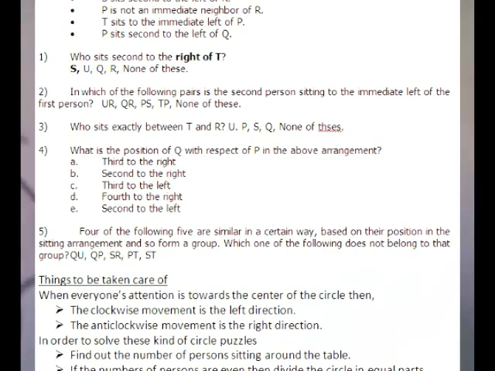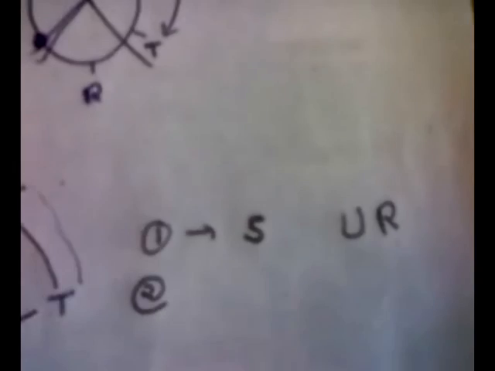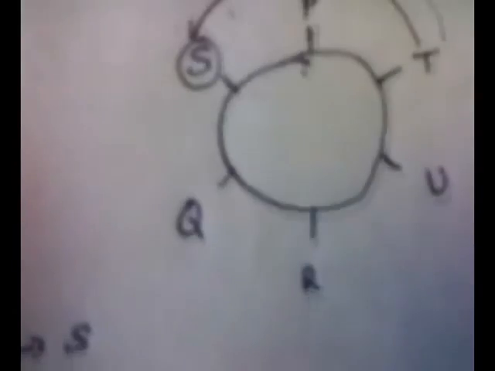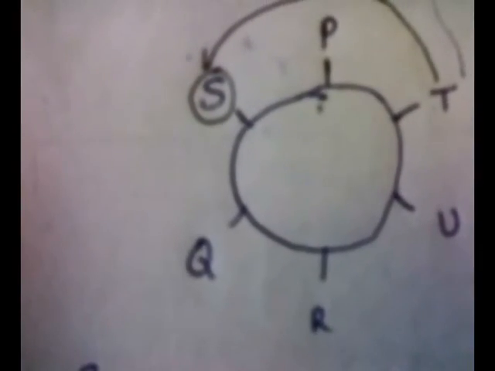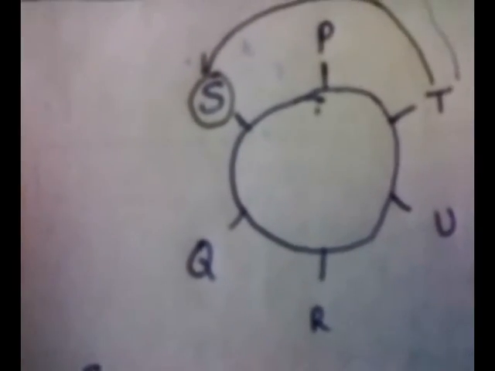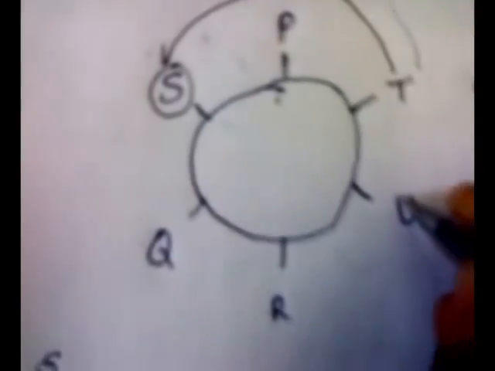So it says second person sitting immediate left of first person. Now in this option, second person is R, sitting immediate left of first person. Means we have to check if R is sitting immediate left of U. Let's check it. Immediate left of U. The word followed by of is U. So we will follow this U.